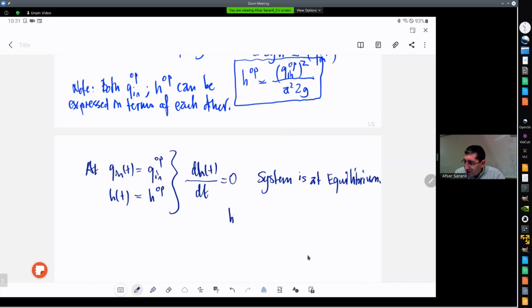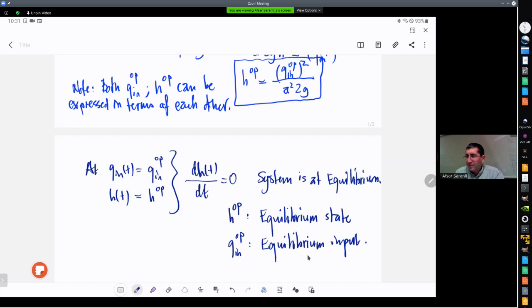We call h_op the equilibrium state, and we call q_in_op the equilibrium input.